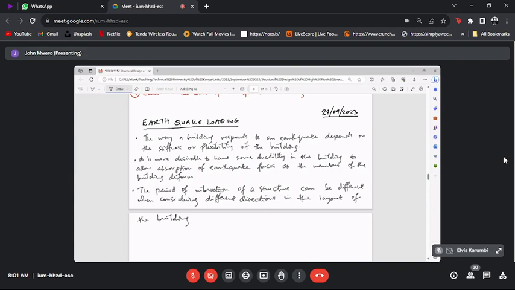In the layout of the building, due to the difference in stiffness of the building in different directions.